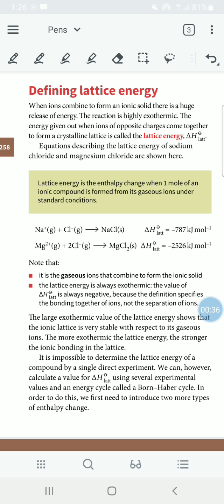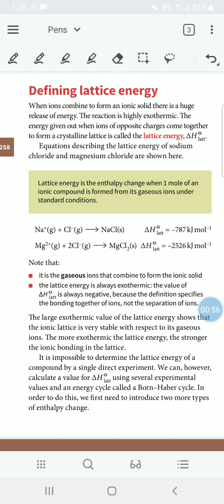Releasing means it is exothermic, and the symbol for this type of reaction is a negative sign, because the products will have less energy.